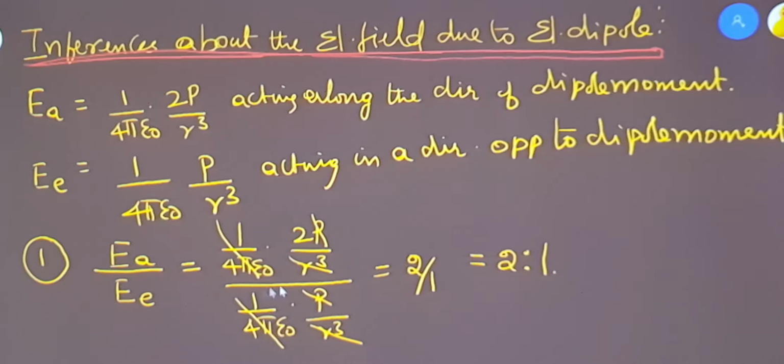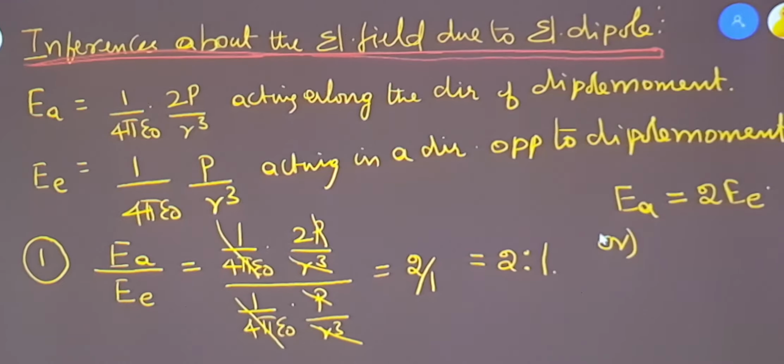When you are considering this as 2:1, you can write it like this also. Therefore, electrical field at a point along the axial line, cross multiplying, is equal to 2 times the electrical field at a point along the equatorial line.